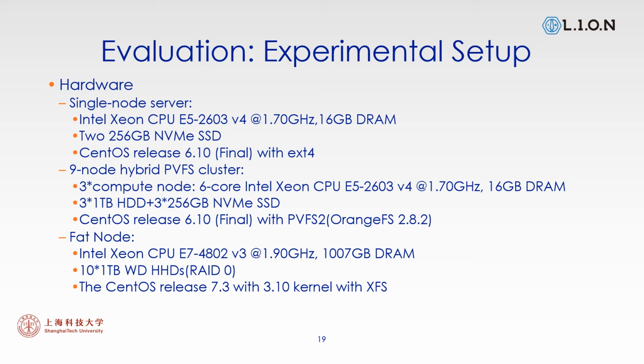Note that the single node server and the cluster use the same CPU model, while the CPU of the fat node is better than them. The fat node also has much larger memory.